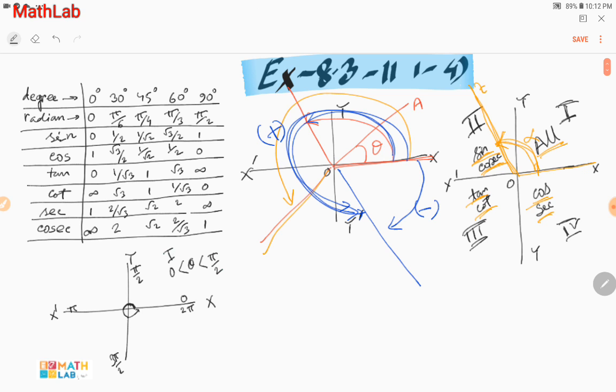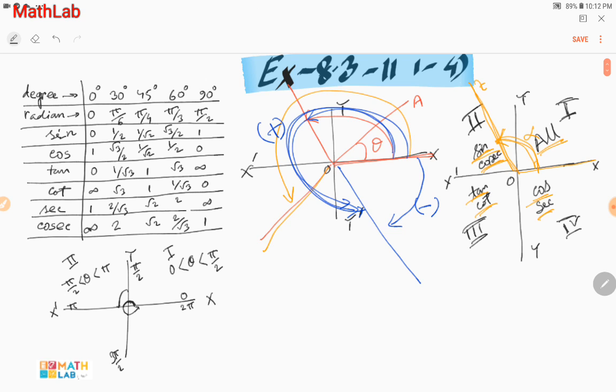For the second quadrant, your condition will be pi by 2 to pi, that means pi by 2 less than theta less than pi. In the third quadrant, our angle will start from pi and end at 3 pi by 2, and the fourth quadrant will start from 3 pi by 2 and end with 2 pi, that means 360 degrees.